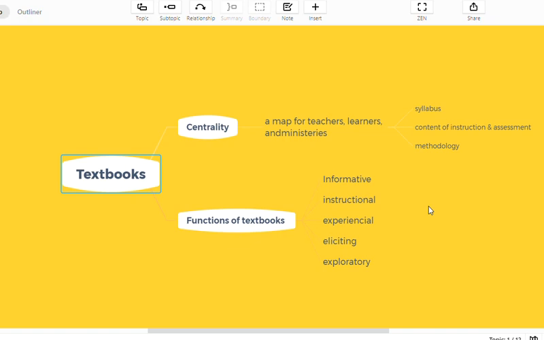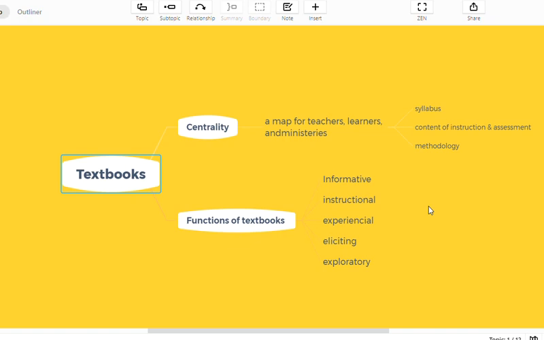But whether we agree or disagree with textbooks, whether we are in favor of or against using textbooks, the textbooks are used by language teachers.